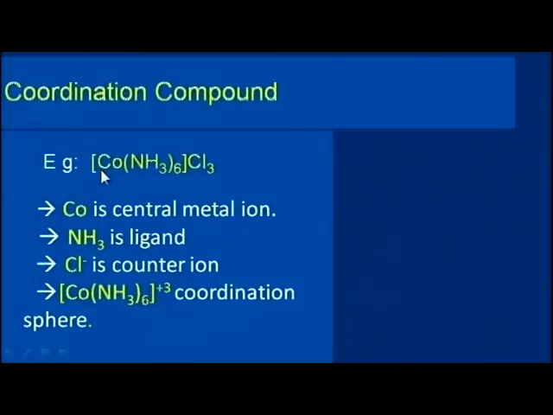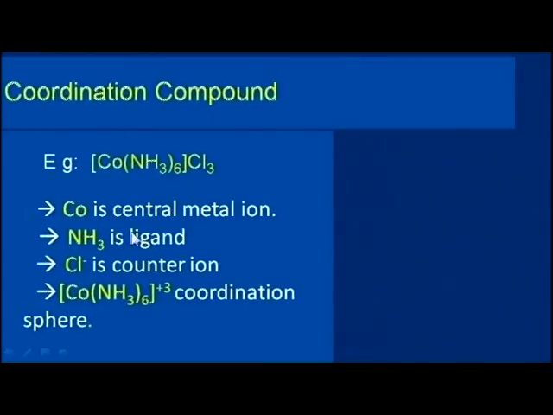Then in these two, we get confused about which is the central metal atom and which is the ligand. Now let us see. The very first atom in the coordination sphere is the central metal atom. Here the very first atom is cobalt, so cobalt is the central metal atom, and the ligands follow this central metal atom.